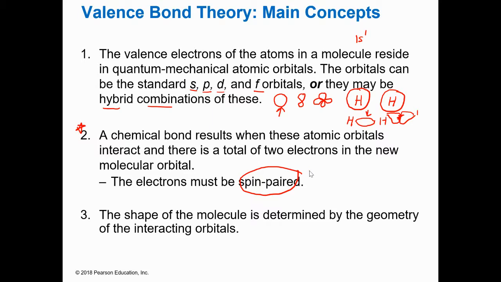How did I represent the electrons when I was doing electron configuration? Up and down. I had a half arrow, which represented 1, right? And 1 was up and 1 was down because they're spinning oppositely, okay? The shape of the whole compound is determined by the geometry of the interacting orbitals.